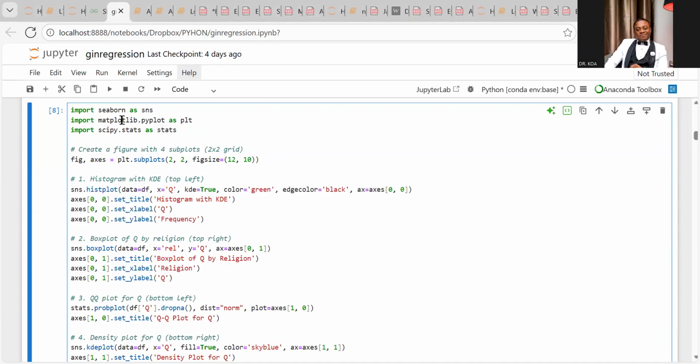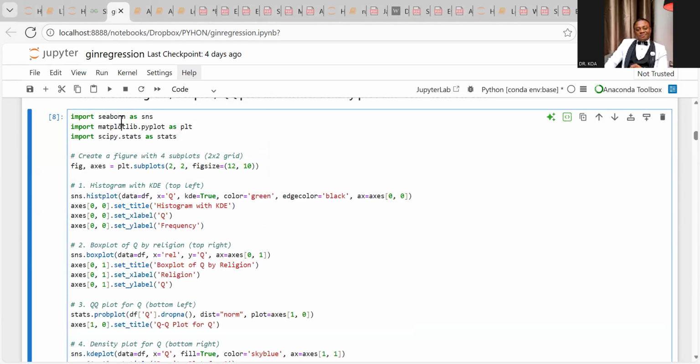Have you been taught that? Yes, Doc. So what is it for? It's used to visualize statistical data sets.